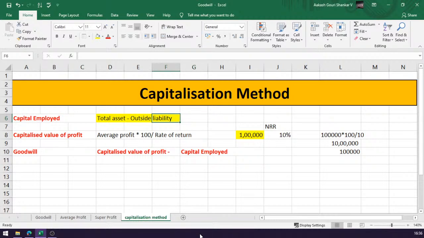What we have really invested is the capital employed. But here, based on the return, we are trying to capitalize the profit. If we capitalize the profit, we will get the value of capital required to earn that profit. So the goodwill will be the difference of capitalized value of profit and the actual capital employed.